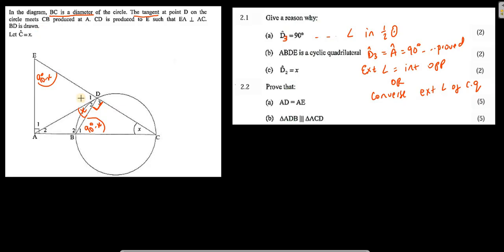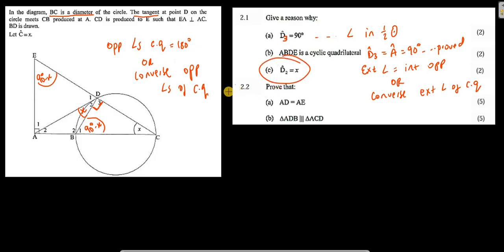Yes, indeed, if you also said opposite angles of a cyclic quad, you must have written it like this: opposite angles of a cyclic quad add up to 180. If you wrote this, that will be the correct reason. Or you can write converse opposite angles of a cyclic quad. Guys, we must write cyclic quad, and just write CQ because of time.